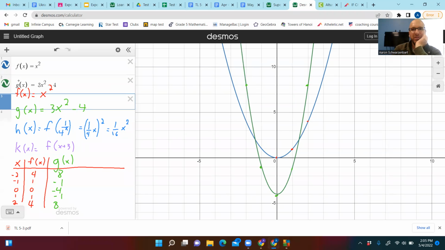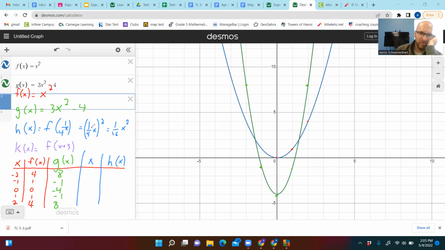Now, I have a little bit of a problem with my table. I'm going to need to make new x and y coordinates for h of x. So h of x involves a horizontal stretch. What that means is I'm stretching out my x coordinates. So I've got a new x here for h of x.